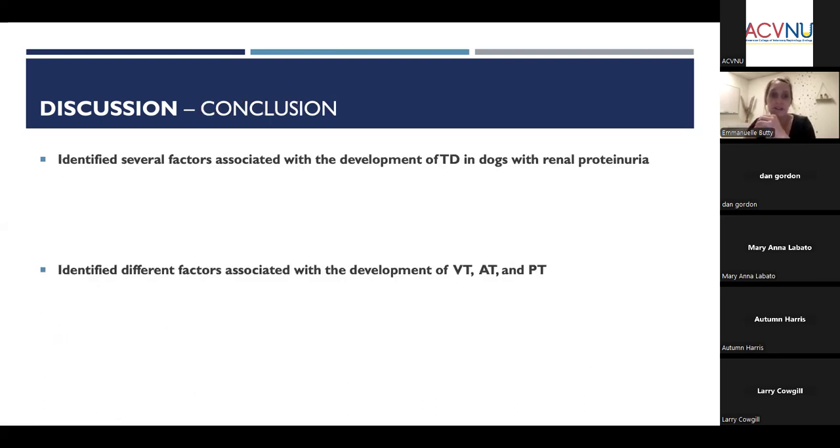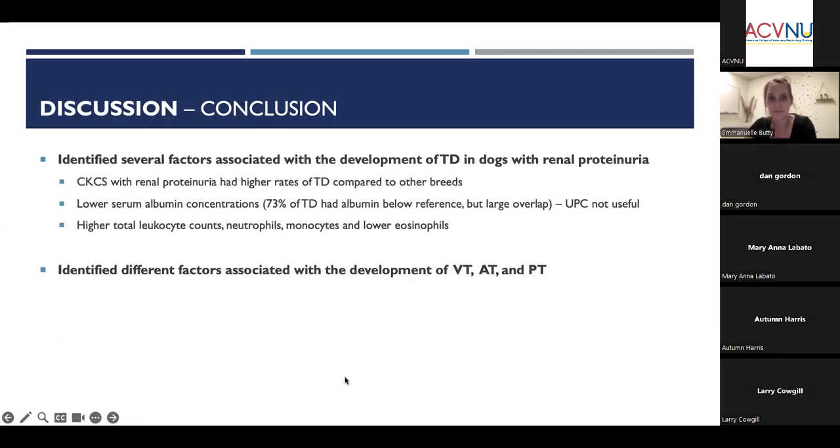So to conclude the study, they are talking about the two main outcomes of their study. They identified several factors associated with the development of thromboembolic disease in dogs with renal proteinuria, and they identified different factors associated with the development of either venous, arterial, or pulmonary thromboembolism.